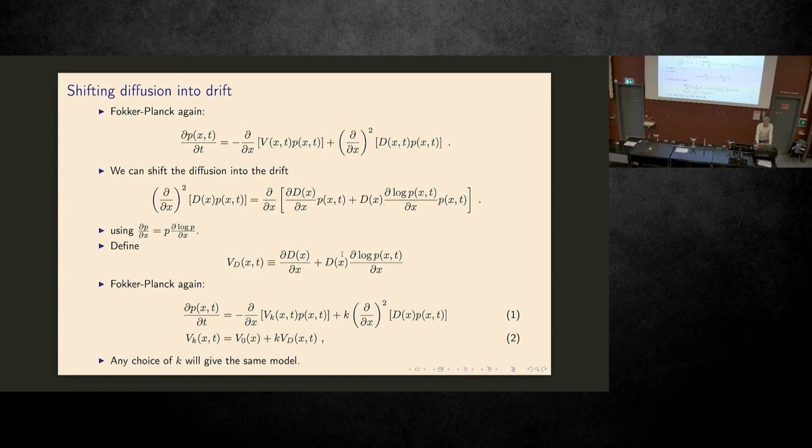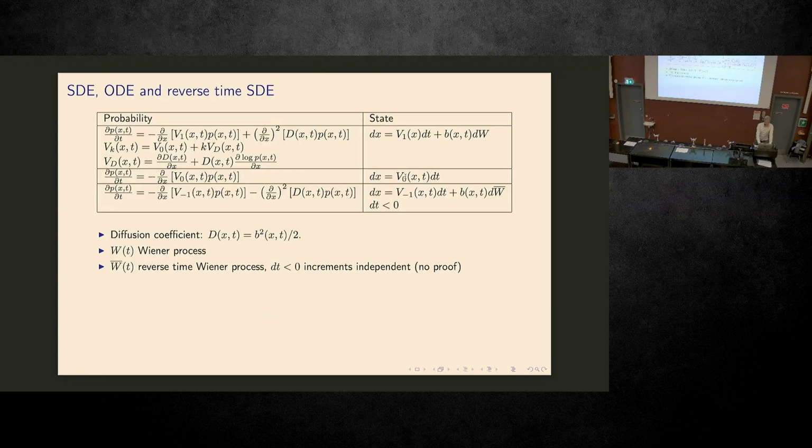And why is that nice? You can see it here: I can start with the SDE Fokker-Planck equation that looks like this, or I can shift my drift term. I can redefine my drift term so that I remove the drift term and get back to this ordinary differential equation.